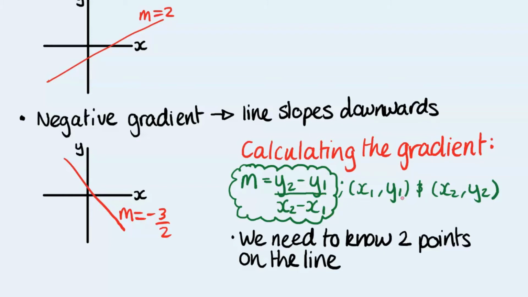Well, x1 and y1 is just the x and y coordinates of the first point on the line, and then x2 and y2 is the x and y coordinate of the second point on the line. Okay, so in order to calculate the gradient of a straight line, you need to know 2 points on the line. Okay, so we'll go over plenty of examples where we actually get to demonstrate using this formula.